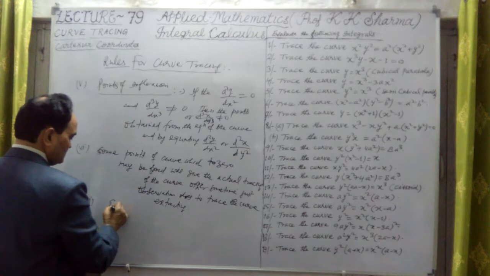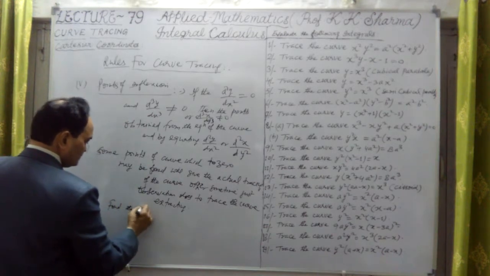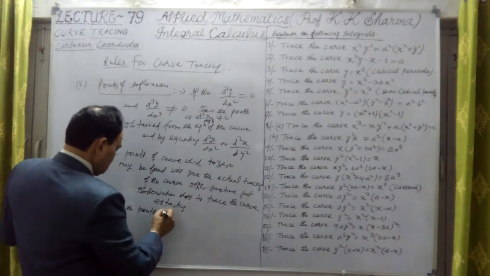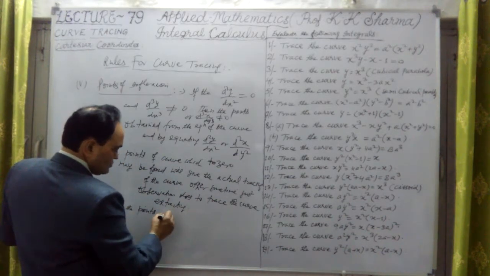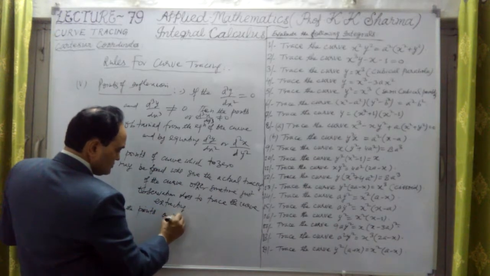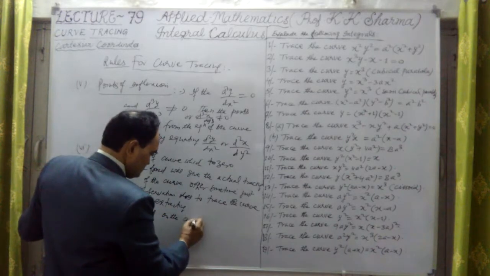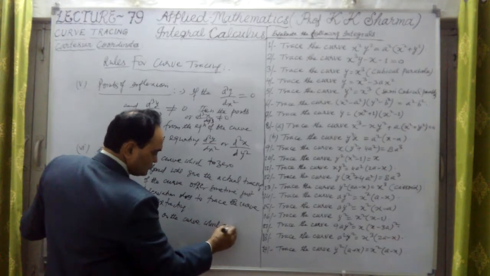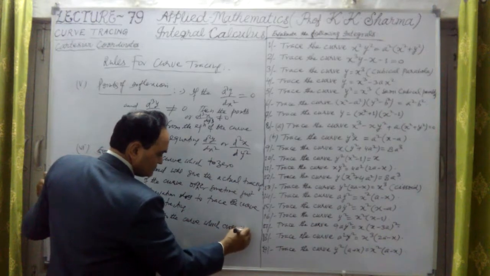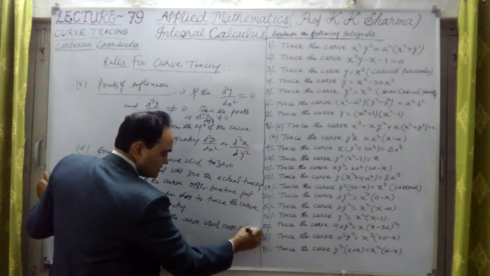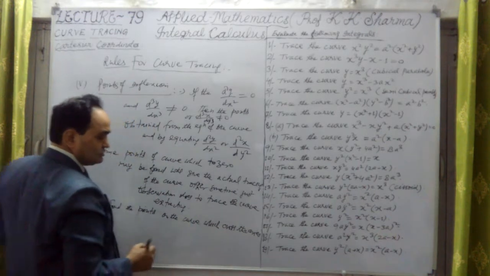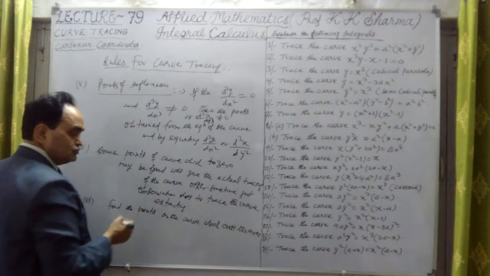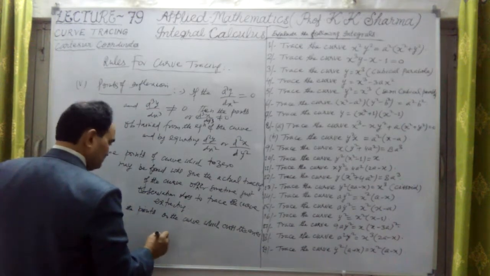Find the points on the curve which cross the axis. Axis cutting points we have to find out by putting x equal to 0, for example, or y equal to 0.